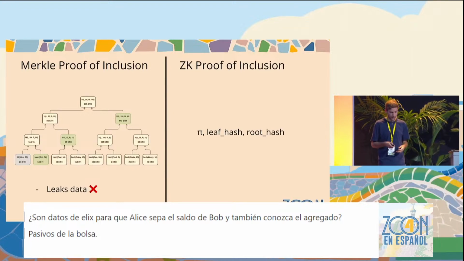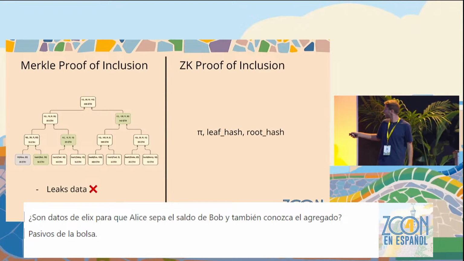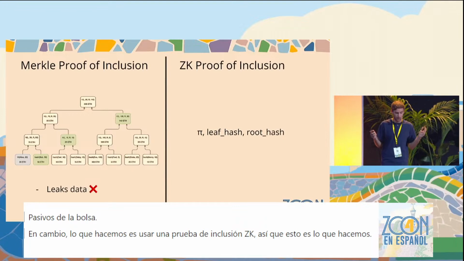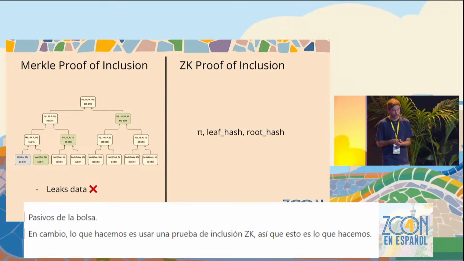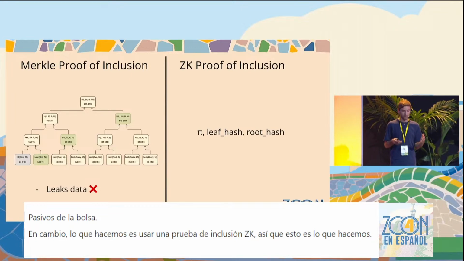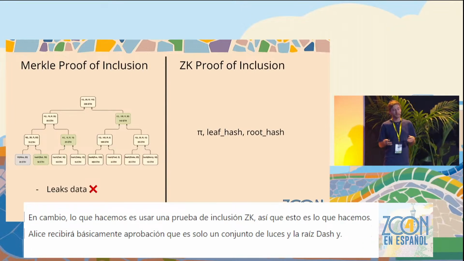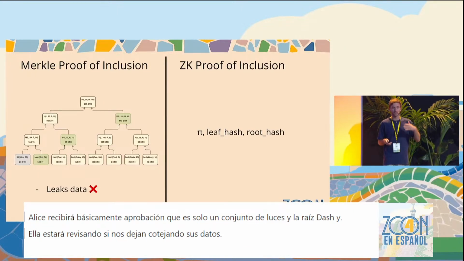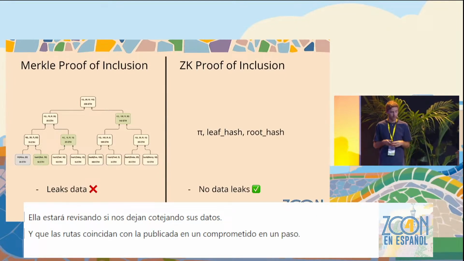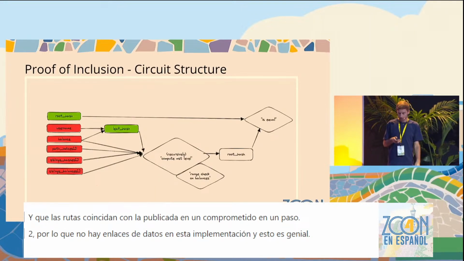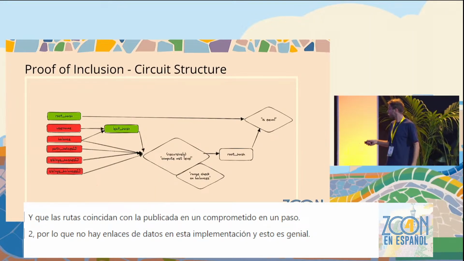This is what Alice will receive: a proof that is just a set of bytes, the leaf hash and the root hash, and she will check that the leaf hash matches her data, and that the root hash matches the one committed to in step 2. So there are no data leaks in this implementation, and this is cool. This is the structure of the circuit.